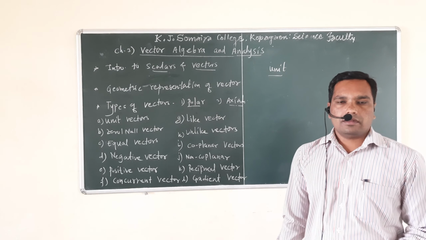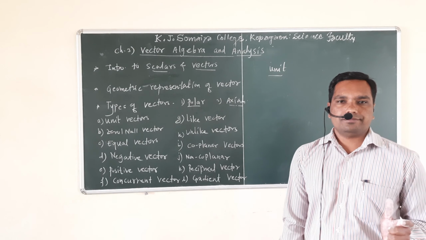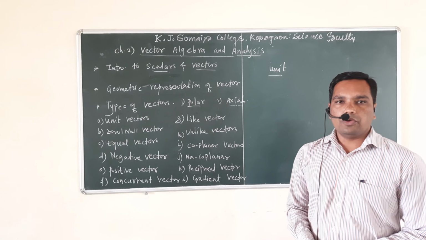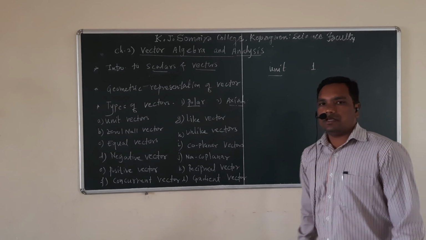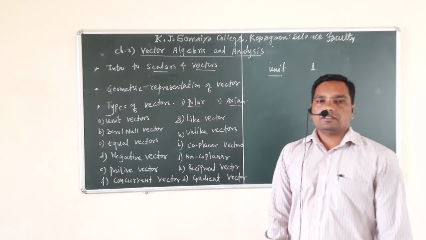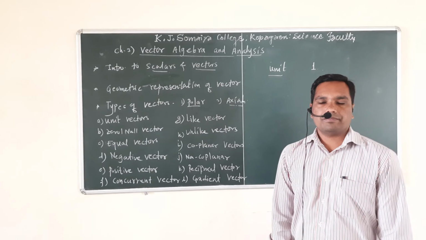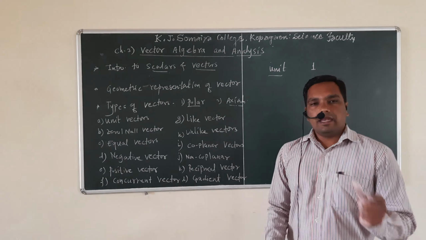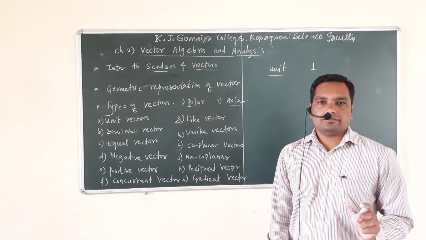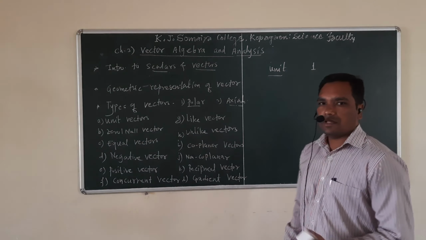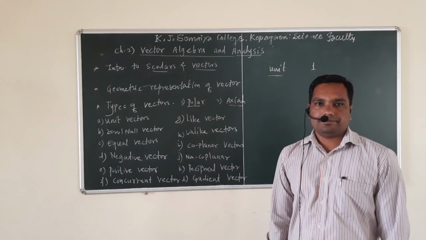A vector which has unit magnitude. Unit magnitude means its magnitude is unity, or 1. Any vector which has a magnitude of unity is known as a unit vector.